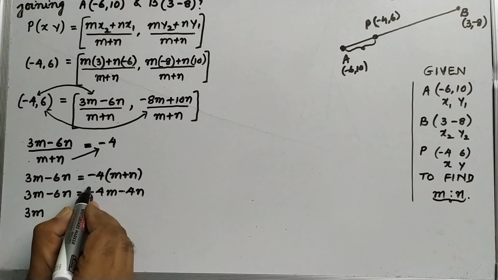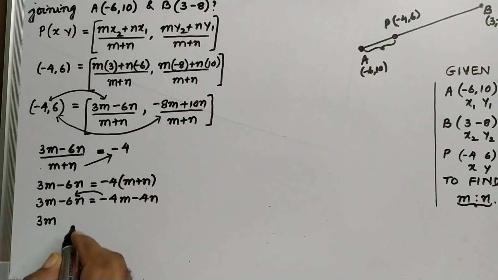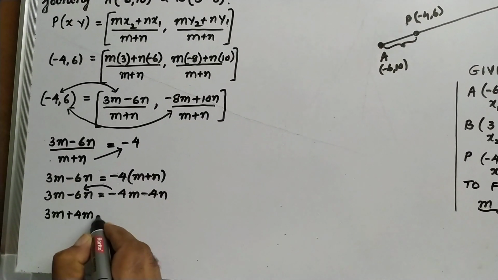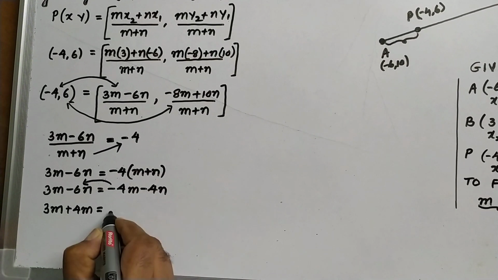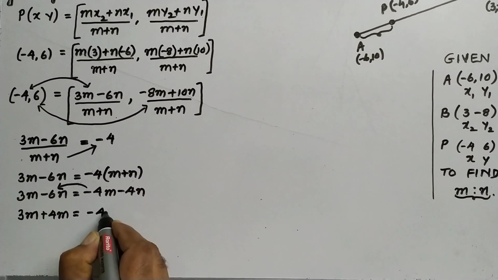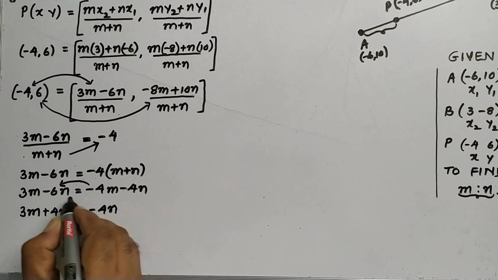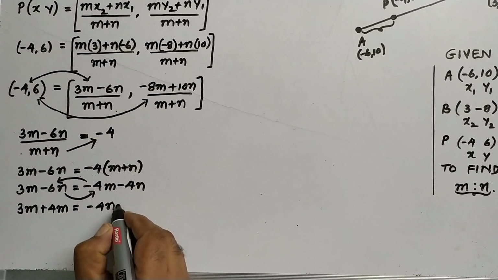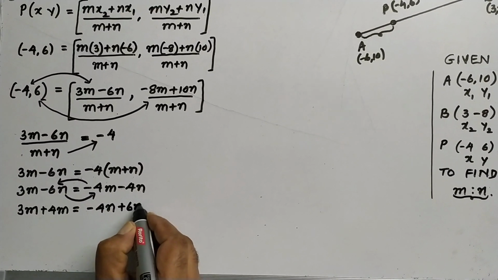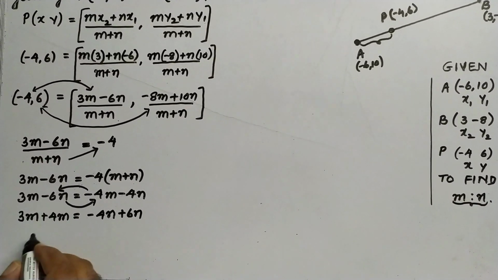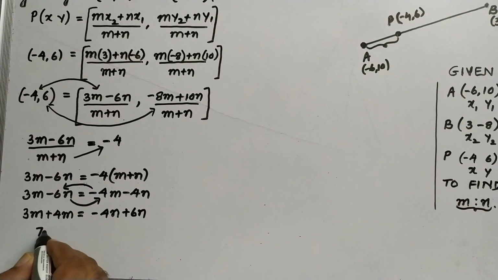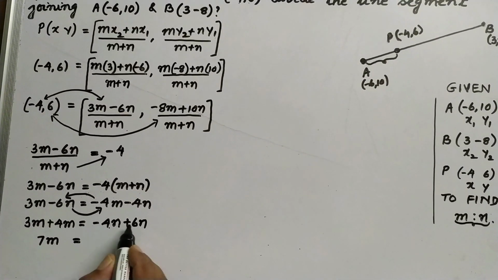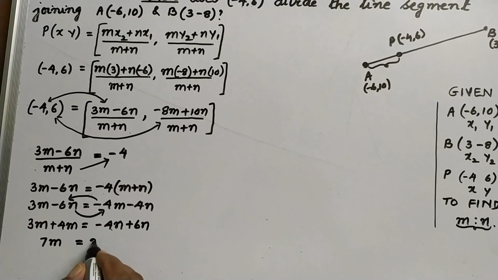Transfer this minus 4m to the other side, it becomes plus 4m. The minus 4n is retained as it is, and minus 6n is transferred to the right hand side, it becomes plus 6n. 3m plus 4m is 7m, equal to minus 4n plus 6n, which is 2n.